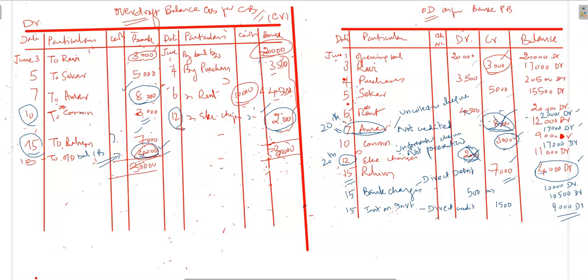For other items for which the corresponding effect is given, say for example from Shaker we received a 5,000 rupees check, it was taken as on the same day it was collected and credited. There is no discrepancy, so it is not an item to be reconciled. Whereas the check received from Amar on 7th for rupees 8,000 is taken as receipt here, but it was not collected and credited, so it is an item to be reconciled.